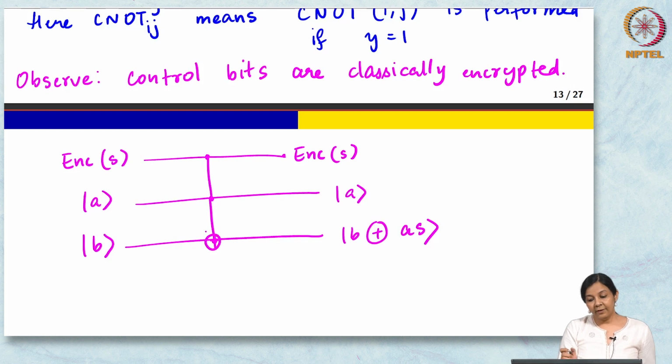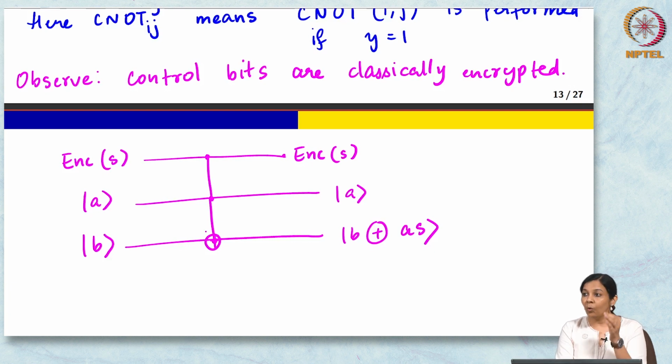Okay, so I should not just say it suffices to support encrypted C naught. What I mean to be a little more careful is that it suffices to support this circuit that I have here.